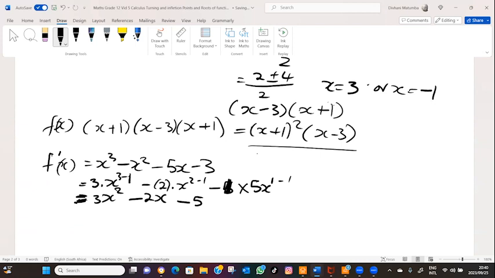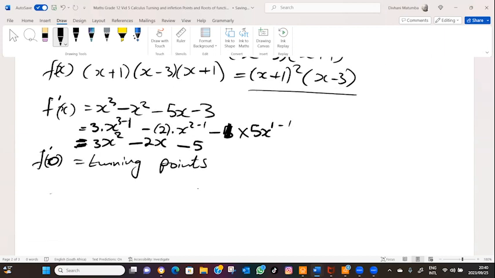And what we know is that where the slope is 0, this is where we get the turning points. All right, now your turning points will be, let's see, 3x squared minus 2x minus 5.